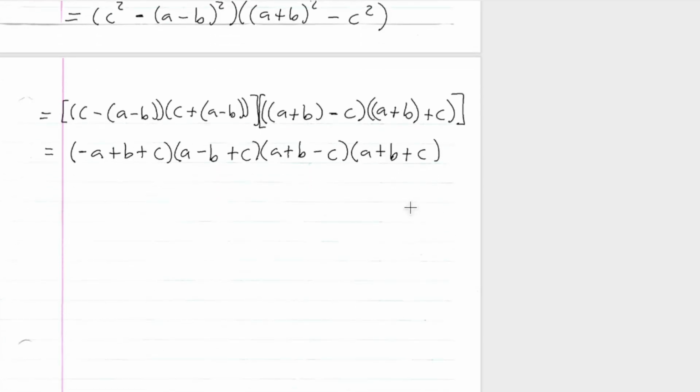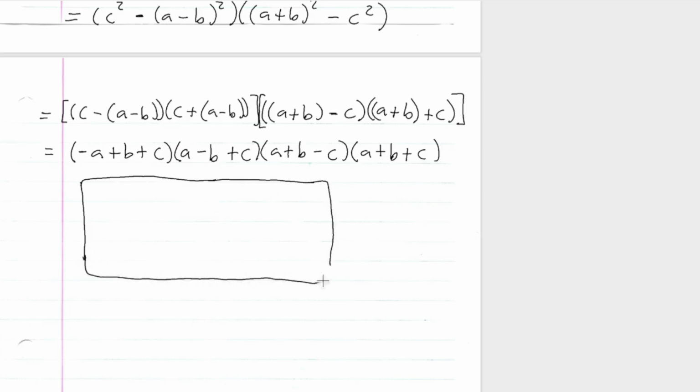All right. So now I'm going to remember my formula calls for the semi-perimeter, right? So I'm going to draw a little box here. So the semi-perimeter, right? Semi-perimeter is S is equal to A plus B plus C over 2.